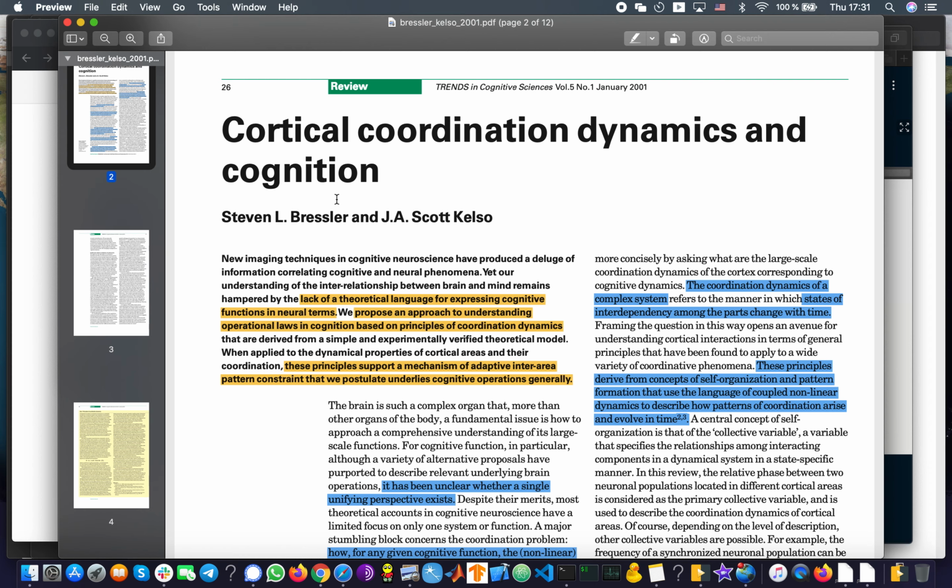This paper is published by Kelso and Bressler, Cortical Coordination Dynamics and Cognition, which points to the lack of theoretical language for expressing cognitive functions in neural terms. Because of this, they propose an approach to understand operational laws in cognition based on principles of coordination dynamics.